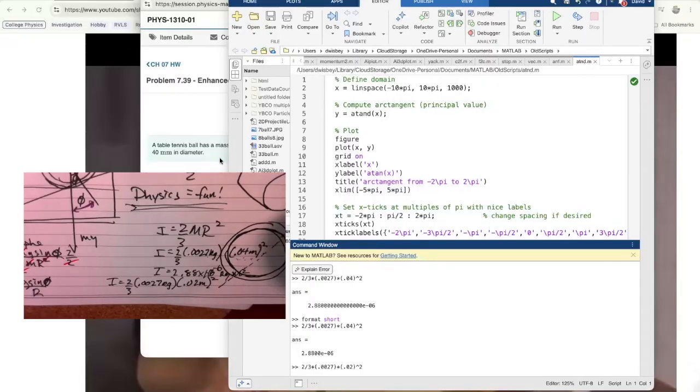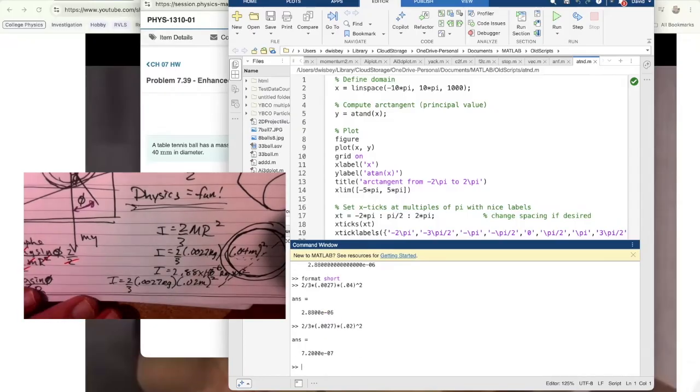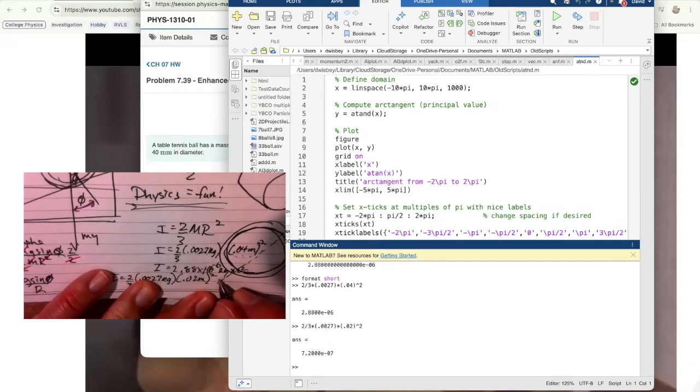So, if you ever get a problem wrong, please don't feel bad. It is totally fine. Okay, so that's different. It's painful that we had to use an attempt, but nonetheless we got there eventually. 7.2 times 10 to the minus 7, and we had kilograms and meters squared.